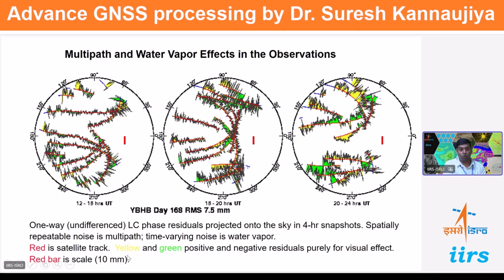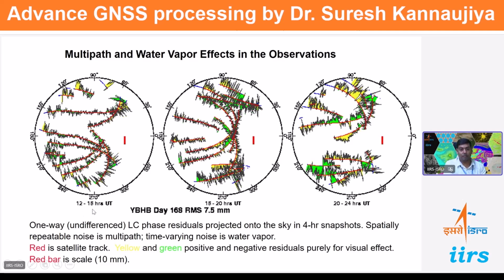Okay, so this yellow, green, this is the positive and negative residual. Through this scale you can compare how much positive and how much negative residual is present in the signal due to this multipath and water vapor effect for a different time period.